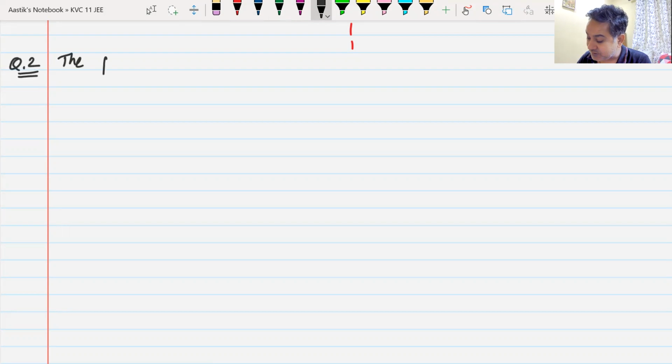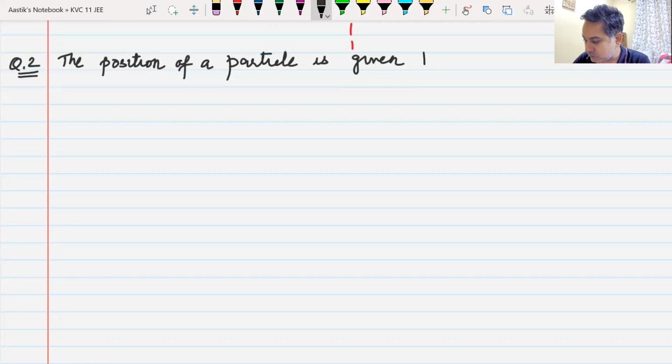The position of a particle is given by r vector is equal to 2t i minus 3t square j.